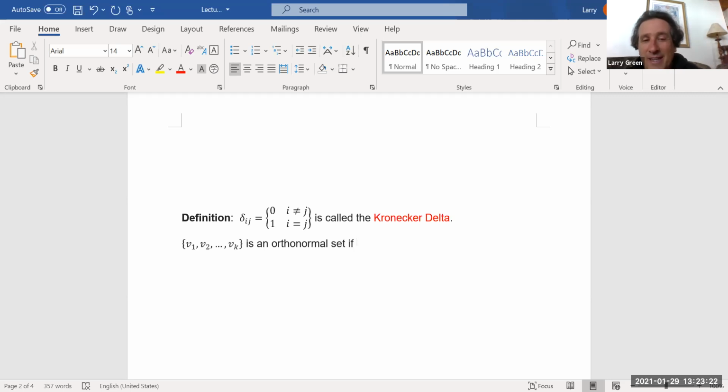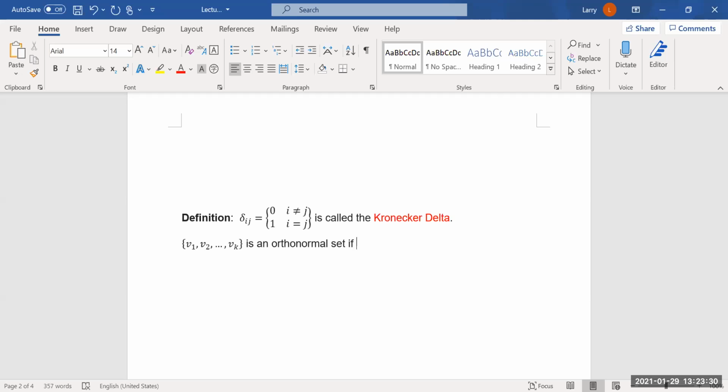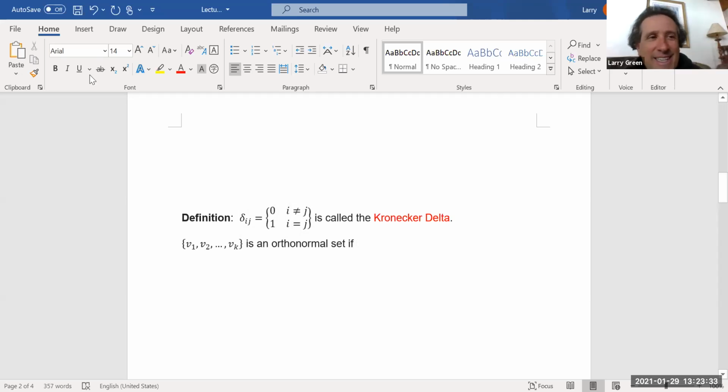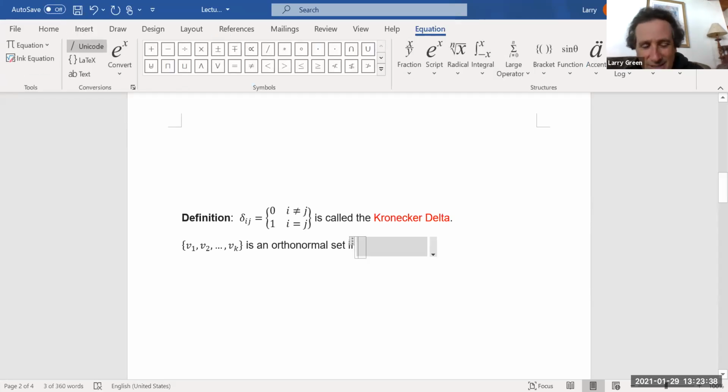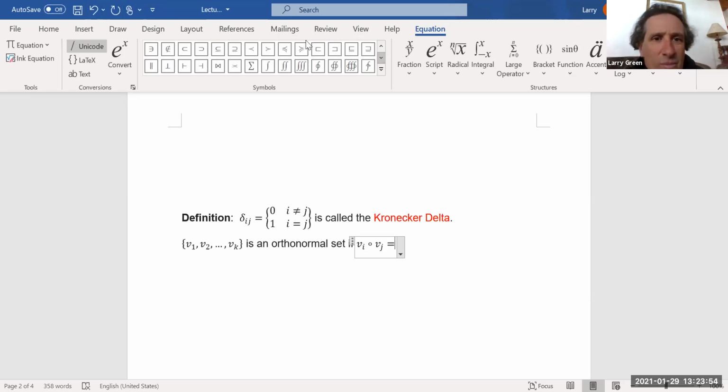well, how can we define it in a much nicer, prettier way now? Delta ij. Yeah, but we need something before that. So you've got to remember what the definition of orthonormal was. Remember, if vi dotted with vj is equal to delta ij.